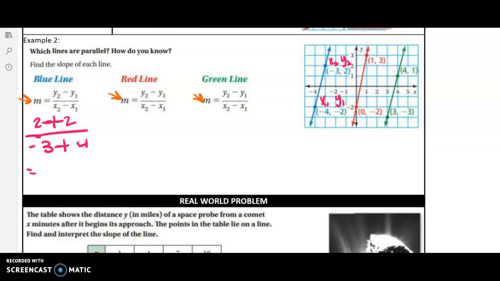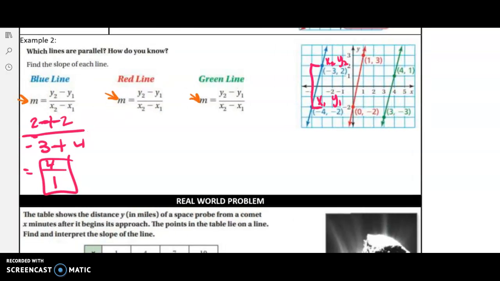And this gives me 4 over, sorry, 4 over positive 1. So my slope is 4. And actually, I want you to keep it over 1 because this is reminding us that we have to run 1. So we go up 4 over 1.